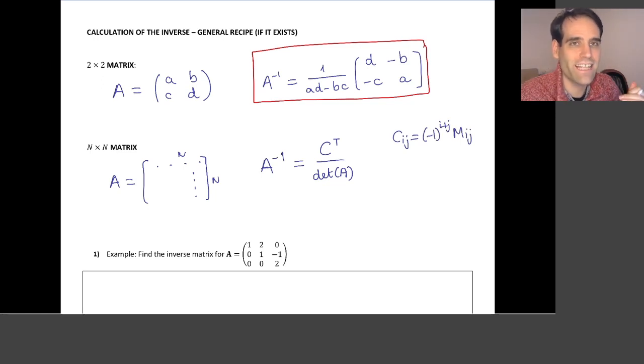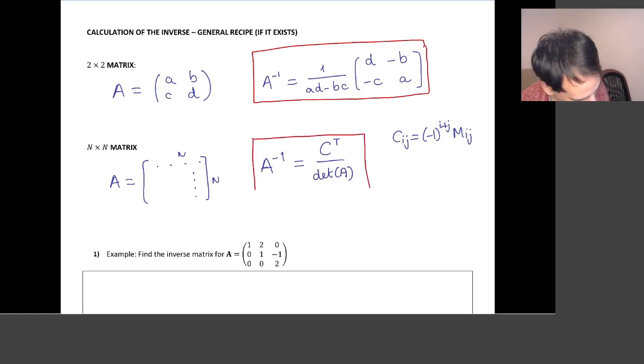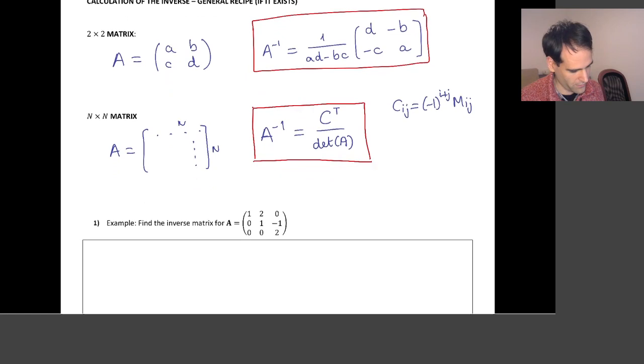And the minor for that element was the determinant that you find when you cross out the row and the column. Yes? So this is the recipe for the inverse for any size of matrix. So let's see an example.